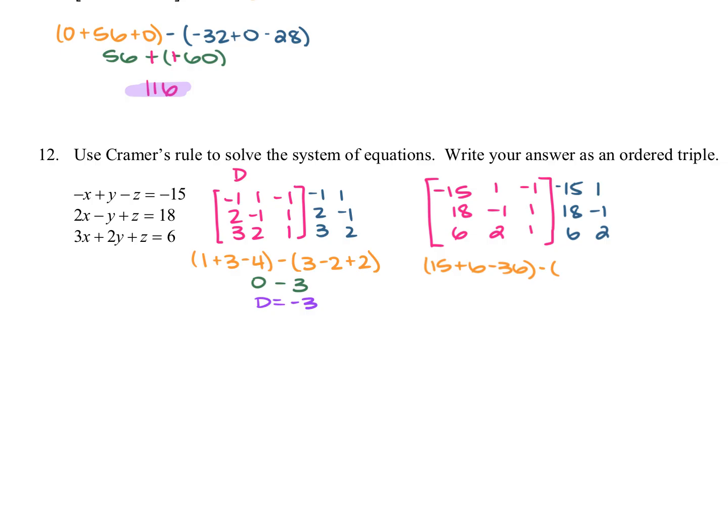So it's going to give you 6 times negative 1 times negative 1 is 6. 2 times 1 times negative 15 is negative 30. And 1 times 18 is 18. This will simplify to give us negative 15 minus negative 6, which means your D sub X is negative 9.